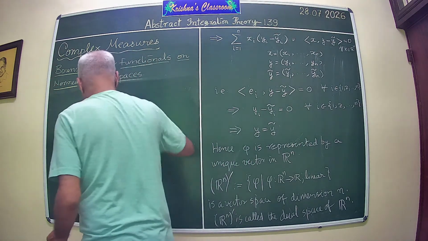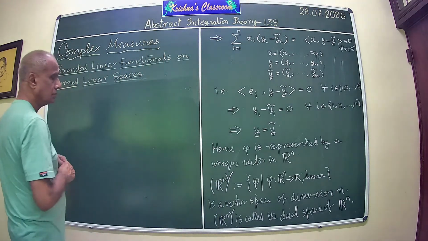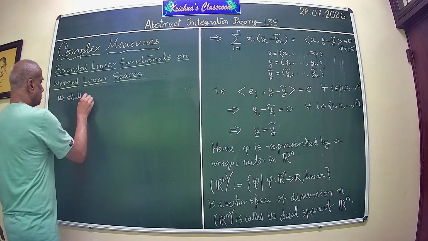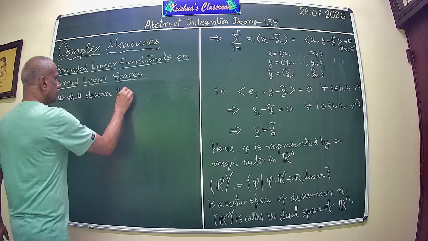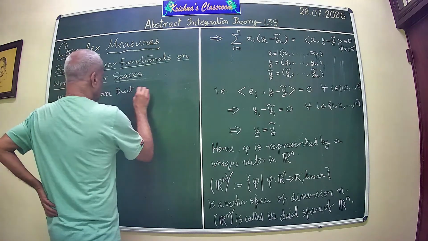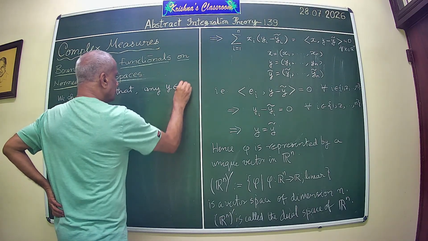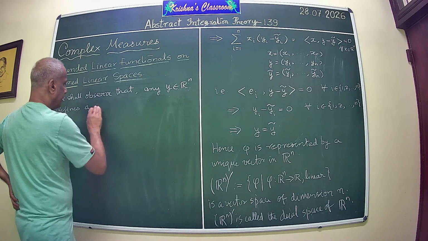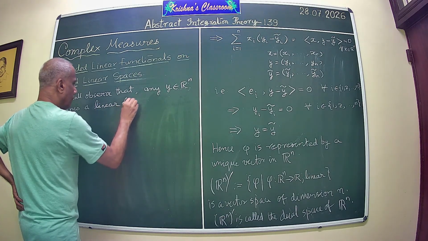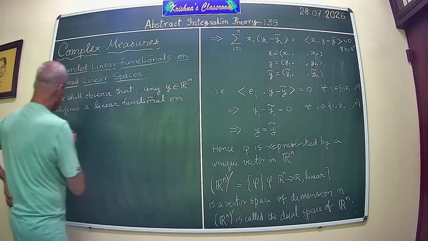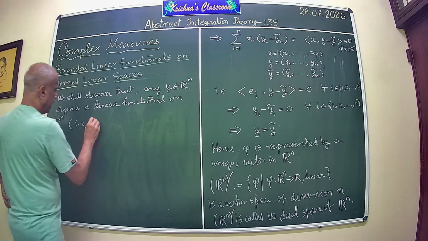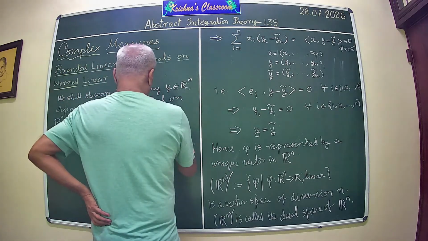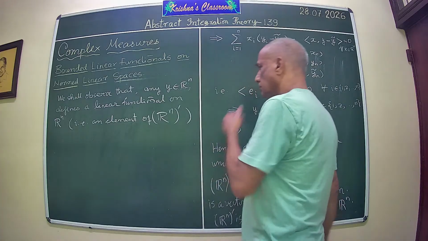You shall also observe the following. Any y in Rn defines a linear function on Rn, that is an element of Rn prime, the dual of Rn, by phi y of x equal to sigma xi yi.